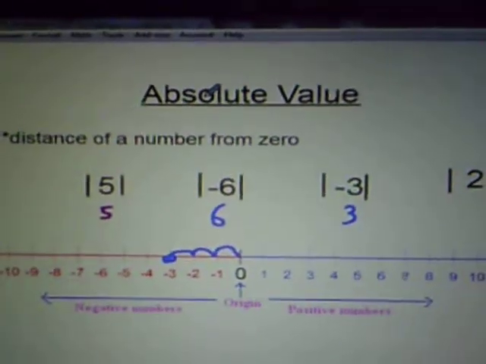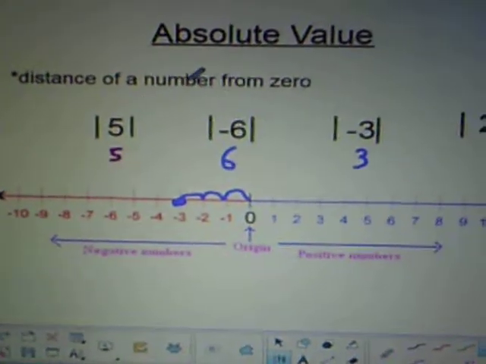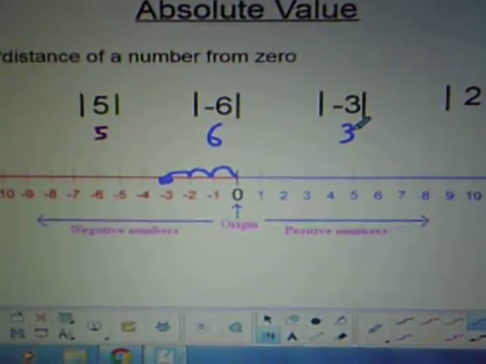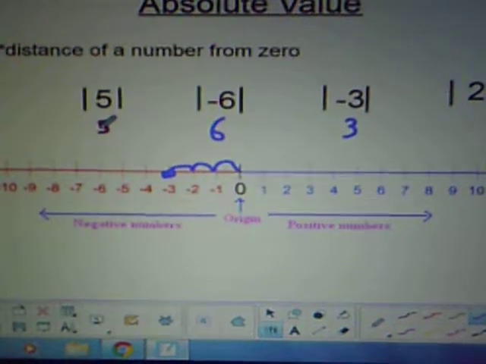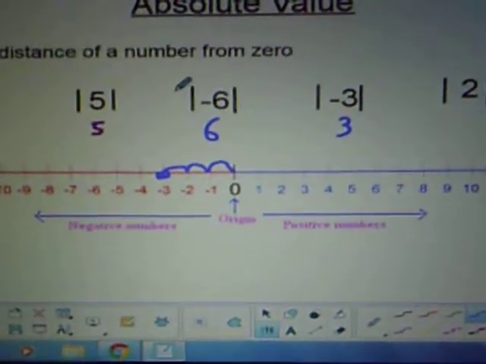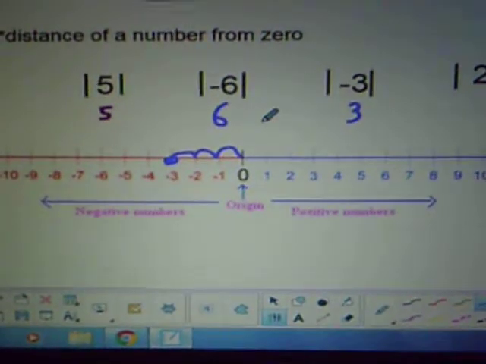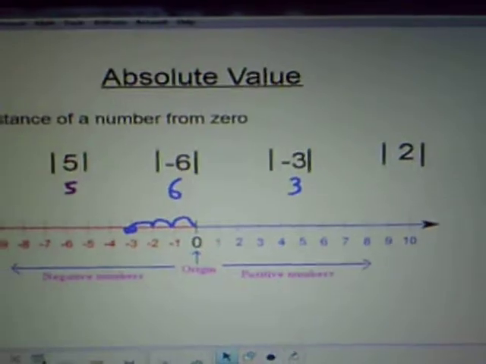So when we talk about absolute value, our distance from the 0 is always expressed in positive terms. So if you're being asked for the absolute value of a positive number, it'll be the same thing. If you're being asked for the absolute value of a negative number, it'll just be that number without the negative sign. Okay? So that's the quick review on absolute value.